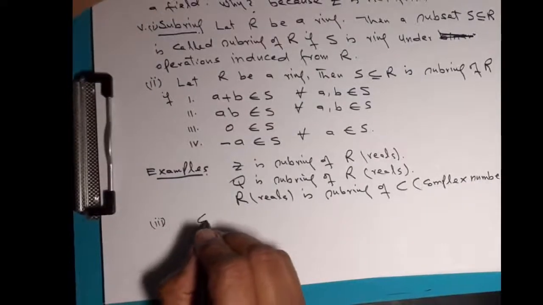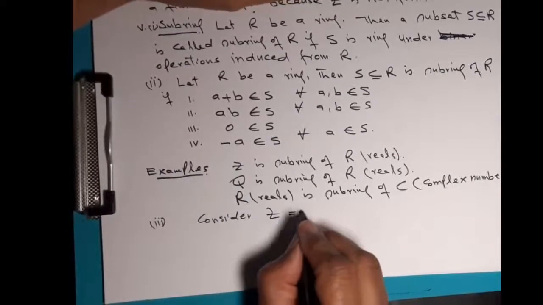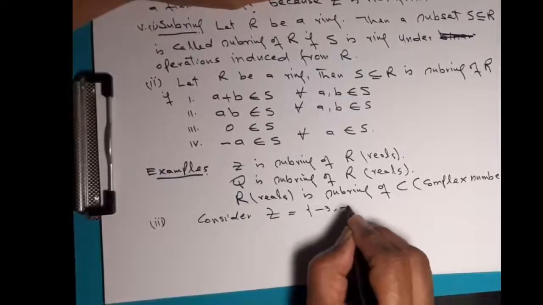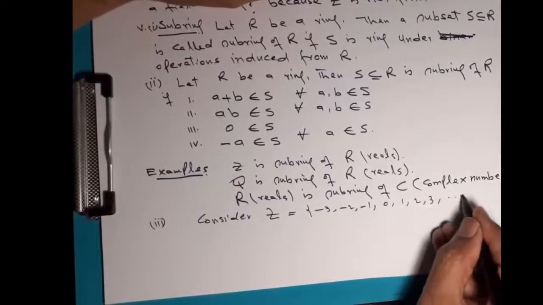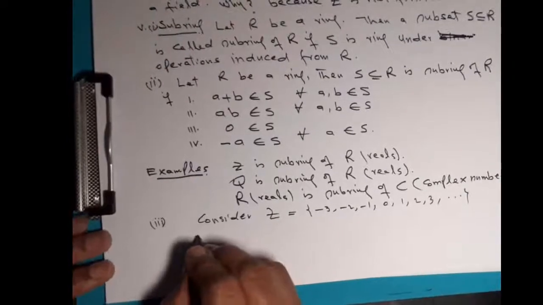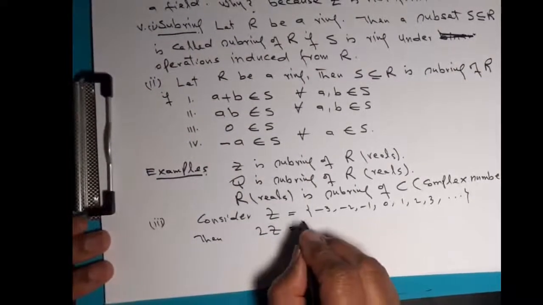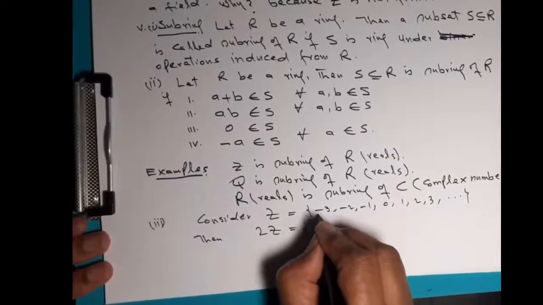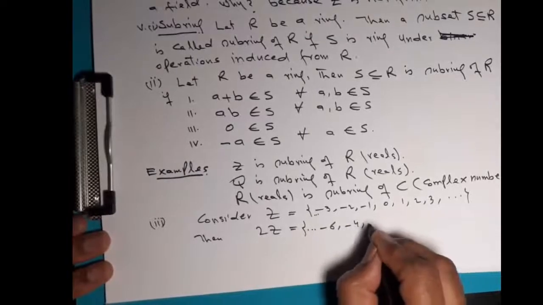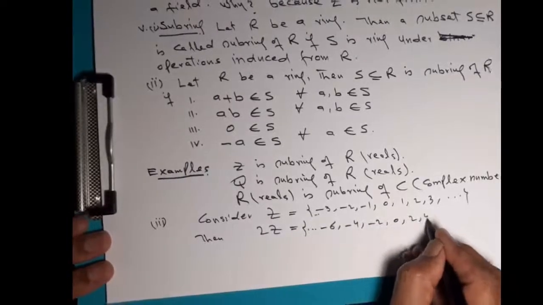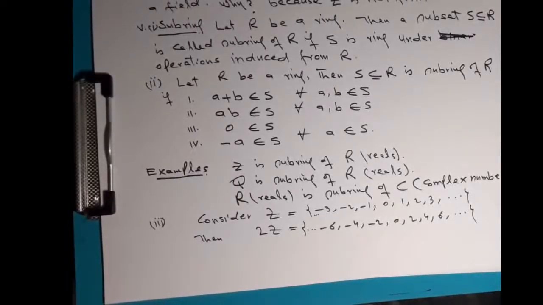Consider the ring Z, the ring of integers, -3, -2, -1, 0, 1, 2, 3, and so on. Consider 2Z. This is -6, -4, -2, 0, 2, 4, 6, and so on. We know that 2Z is a ring.